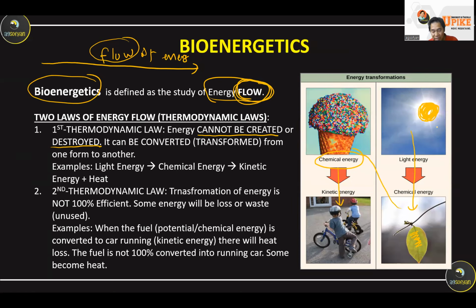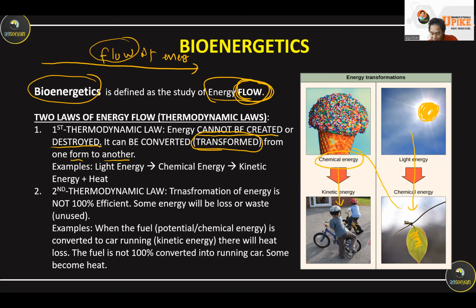So we cannot really create this energy. It is already provided. So it cannot be created, and also we cannot destroy that energy. It goes on the Earth, and then the energy is able to be transformed. It cannot be created, but it can be transformed from one form to another form.